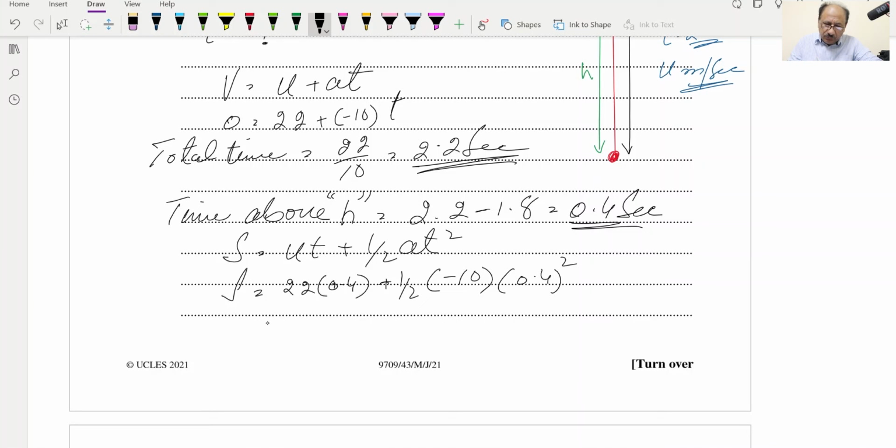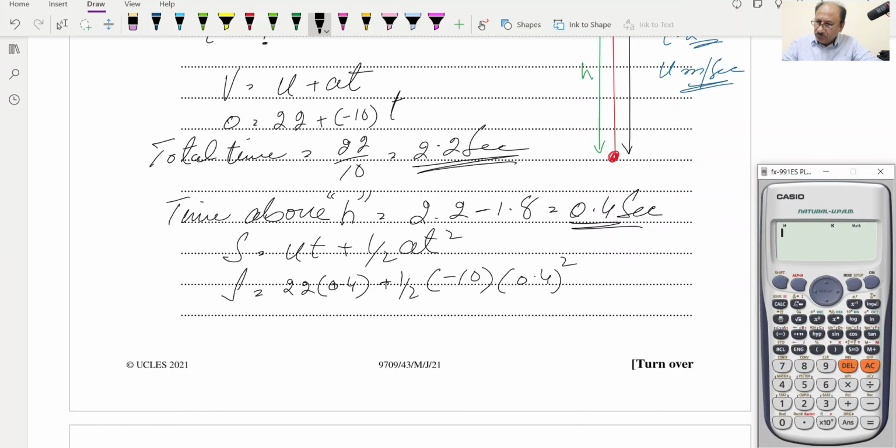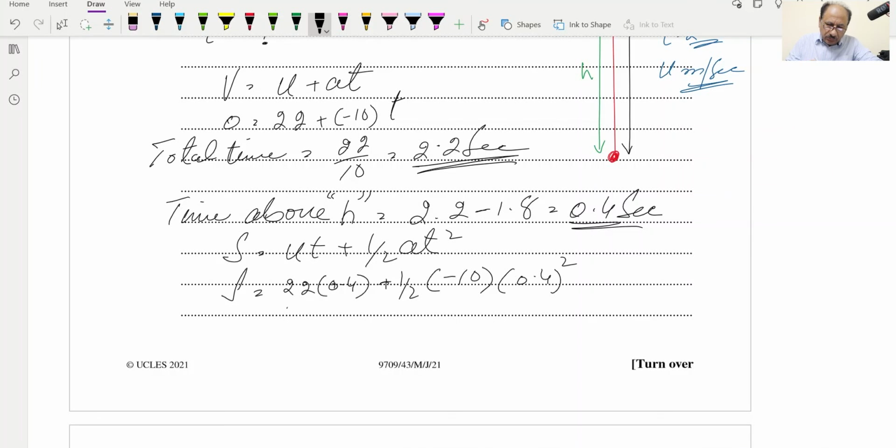If we calculate this with the help of calculator, we will get 22 into 0.4 plus 0.5 into minus 10, and in brackets 0.4 squared, and this will be equal to 8. So s is equal to 8 meters. This will be our final answer for this question. Hopefully you understood each and everything.